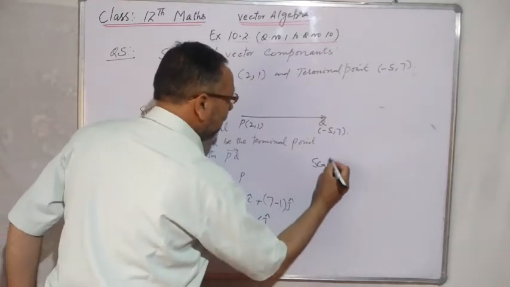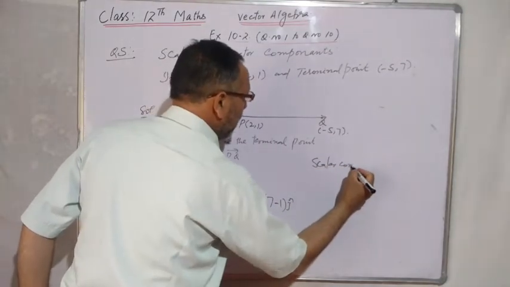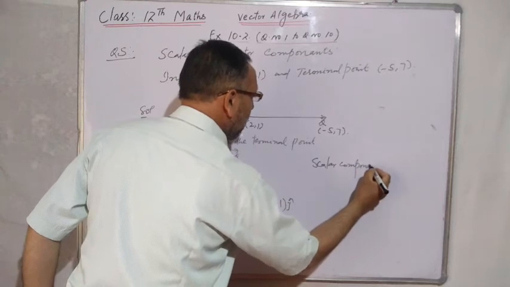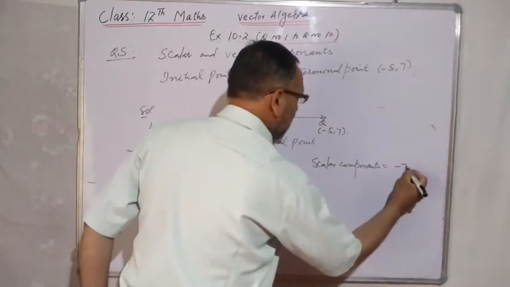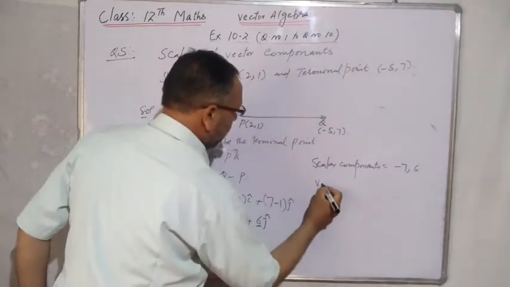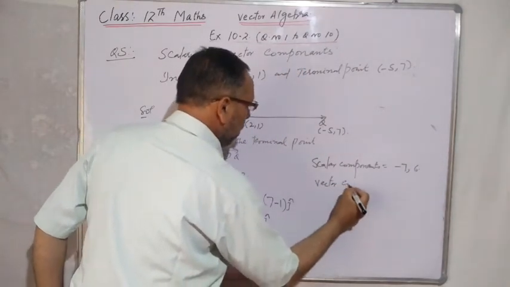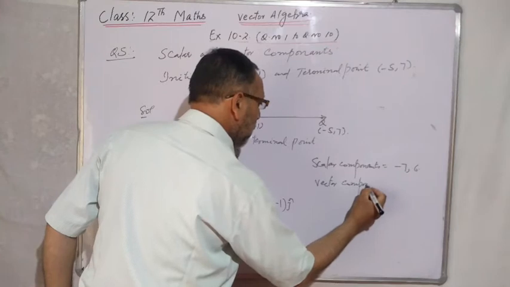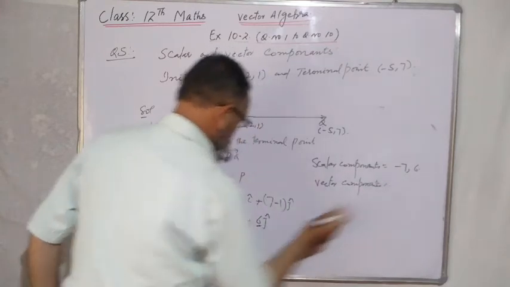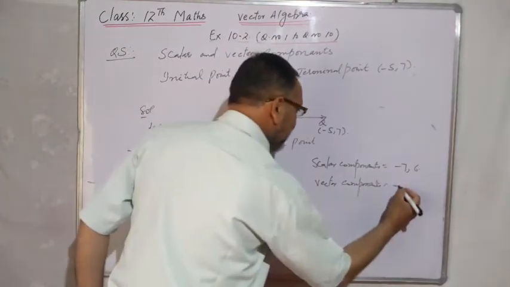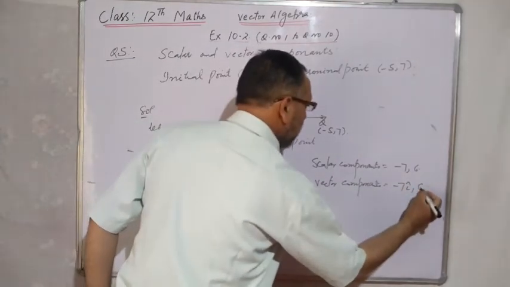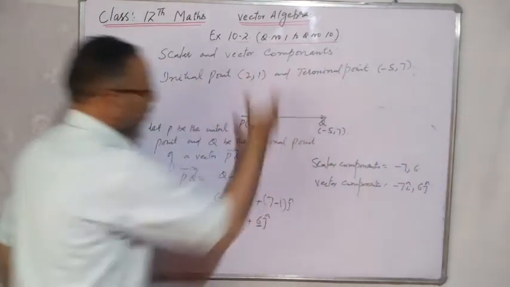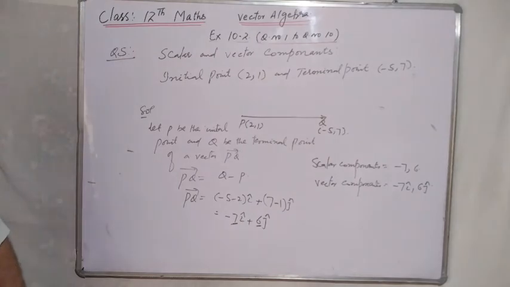So here scalar components are minus 7 and 6, and vector components are minus 7 I cap and 6 j cap. Note it down. Let's move to another question.